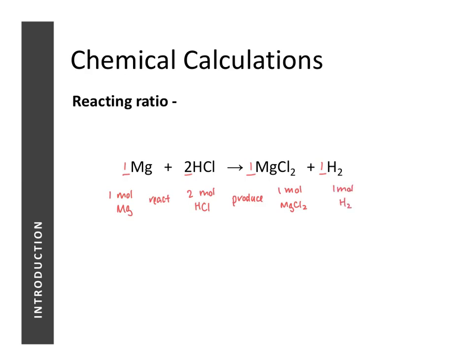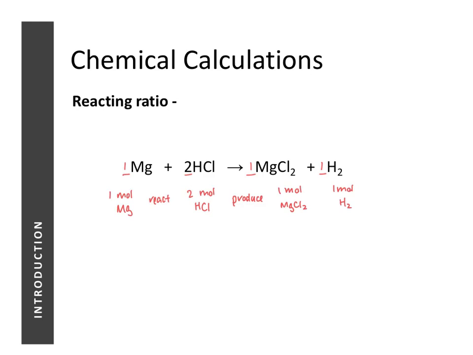So the relation, like in the previous example, one cat can catch 2 mice. In this case, from the balanced chemical equation, we can tell that every mole of magnesium will require 2 moles of hydrochloric acid for a complete reaction.